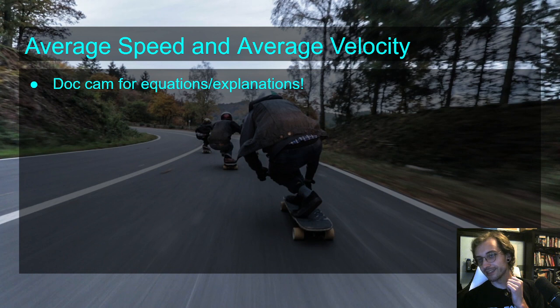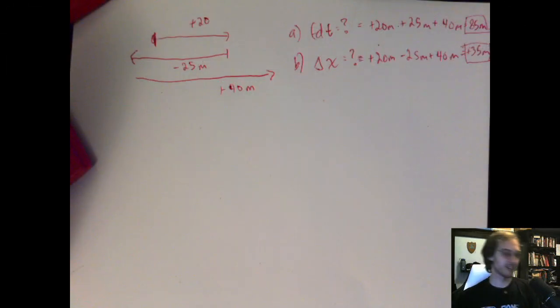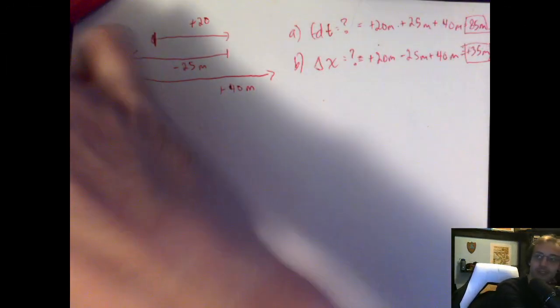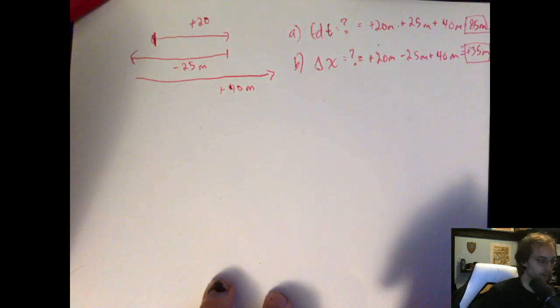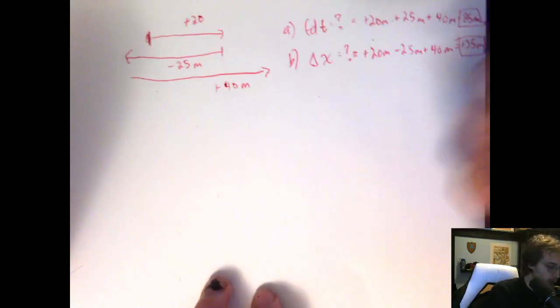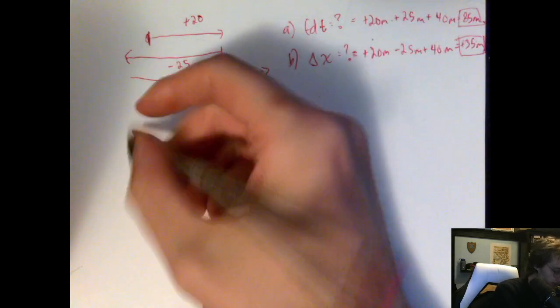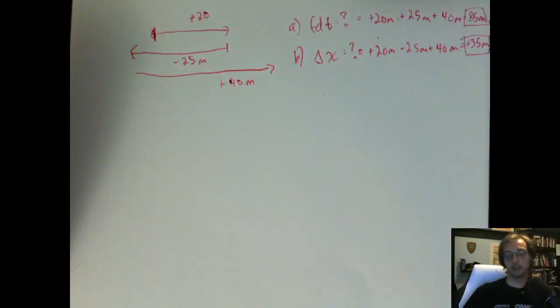which I didn't have a good system for putting in slides previously, so we're going to do it this way. So average speed, as we talked about last time, is what you would need to do to go the same distance in the same amount of time.